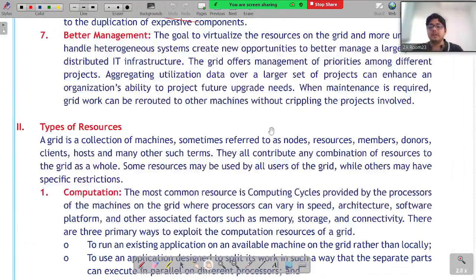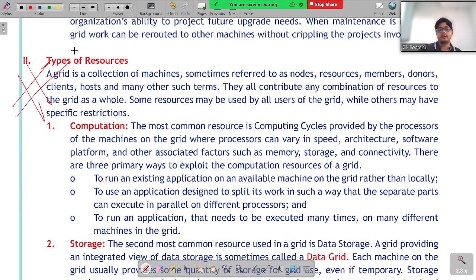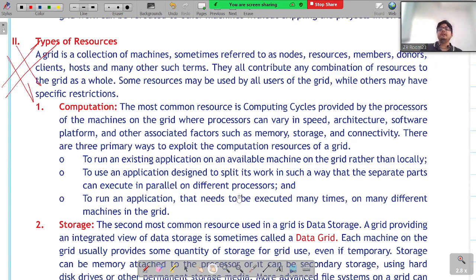Types of resources in grid. Types of resources in grid is a hash mark, so make it a hash. Now what do you mean by types of resources? Listen. A computer in a grid can be referred to as a node. These are different names.